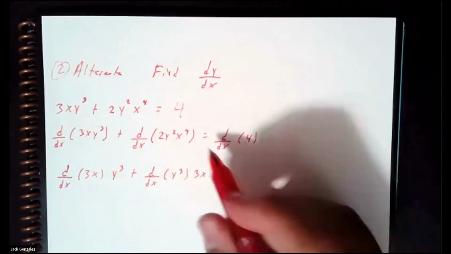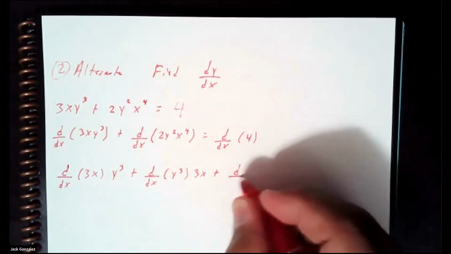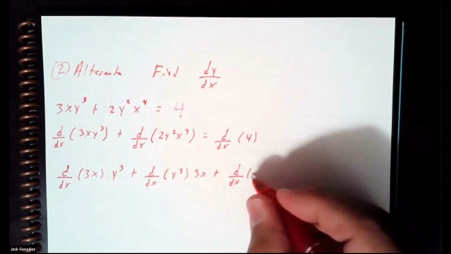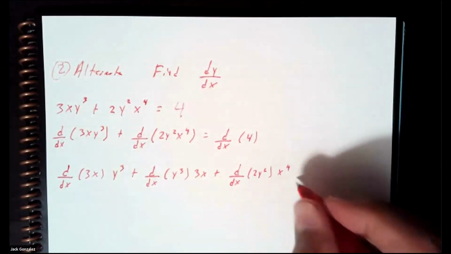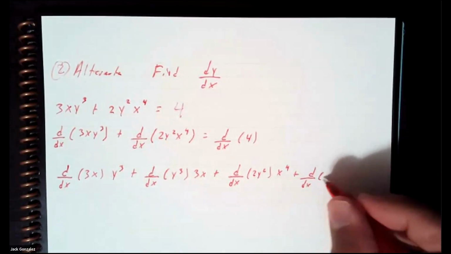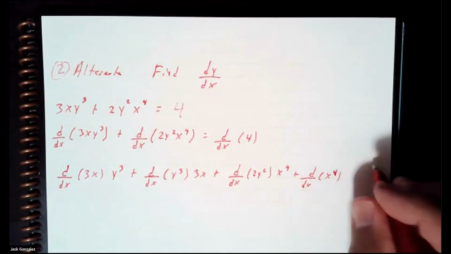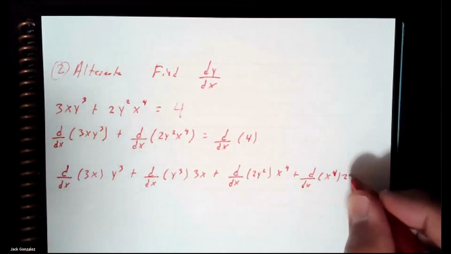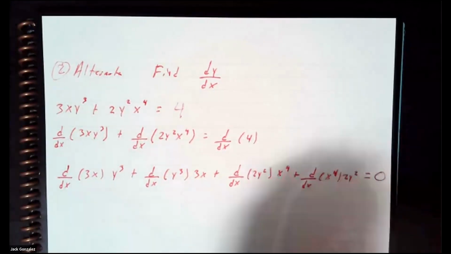Now chain rule for the second term would be d/dx of 2y squared times x to the 4th plus d/dx of x to the 4th times 2y squared equals 0.